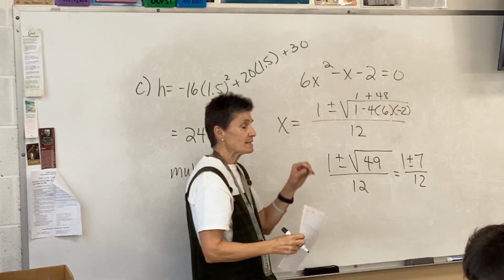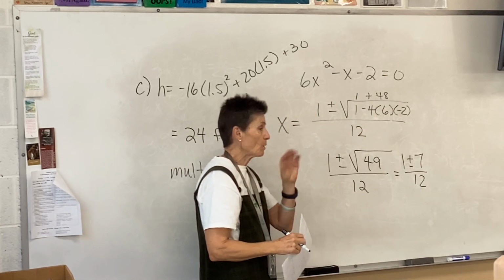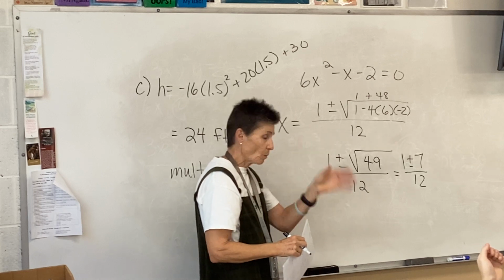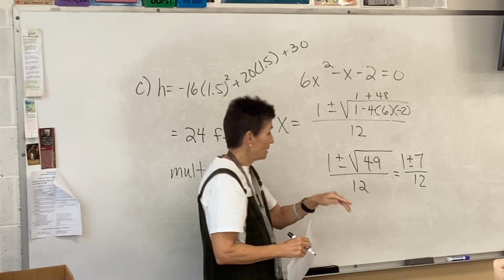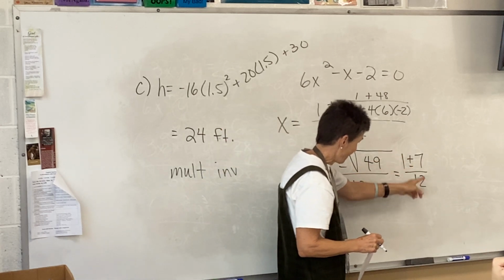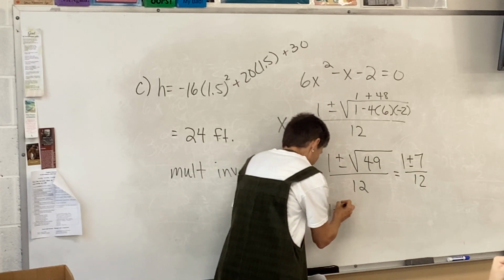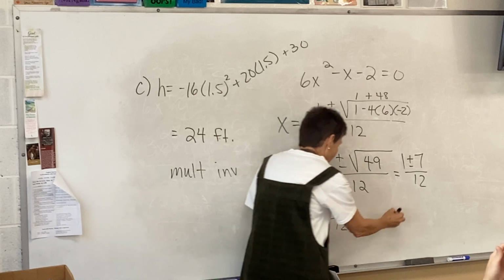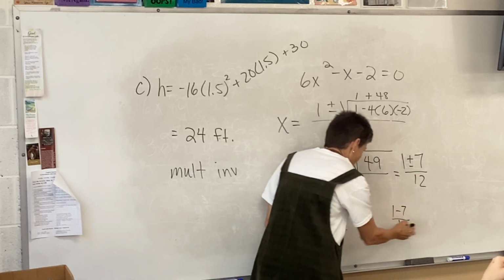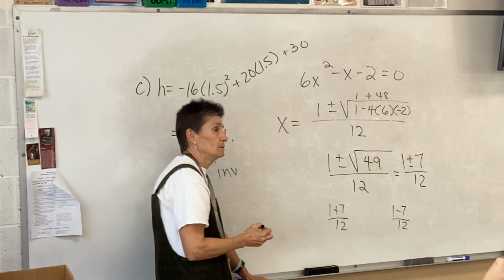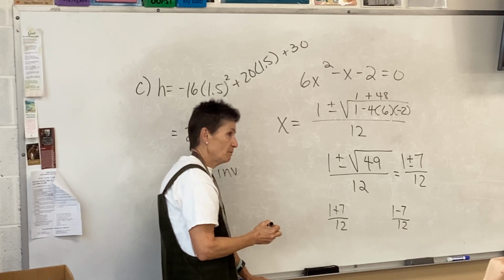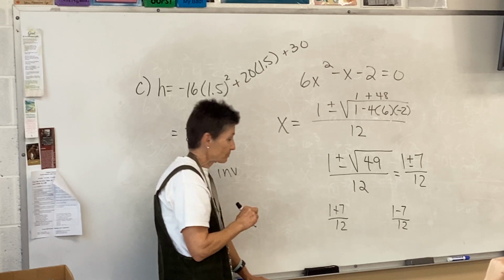Now, when I write 7, it's not the square root of 7, it's 7. The square root of 49 is 7. So 1 plus or minus 7 over 12. That simplifies. 1 plus 7 over 12, 1 minus 7 over 12. If it simplifies, you have to simplify it.